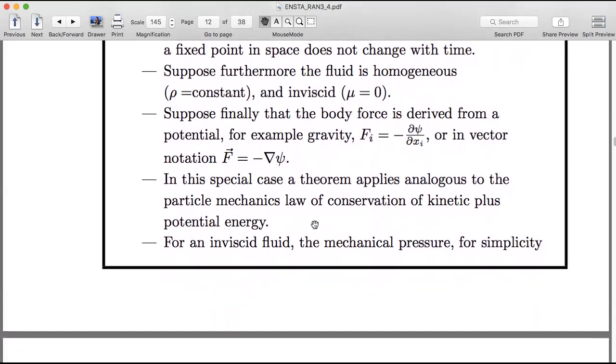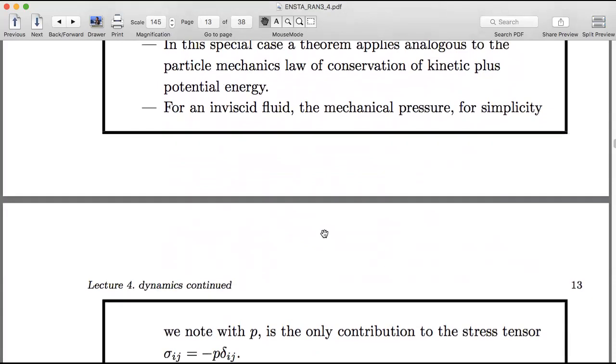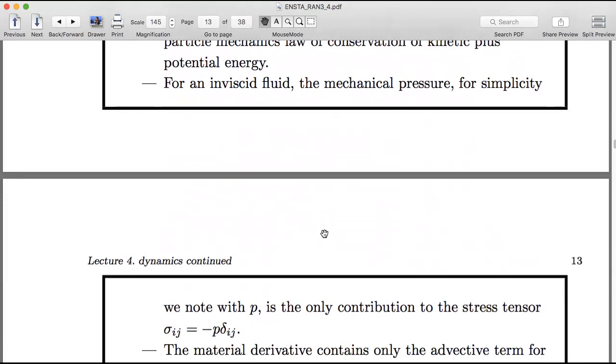And we'll find in this case that we are able to derive an equation that looks a lot like conservation of energy in particle mechanics.